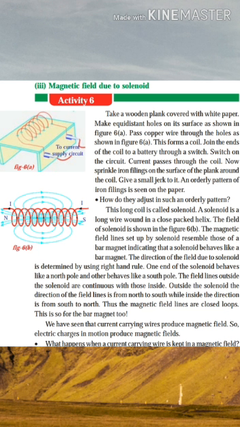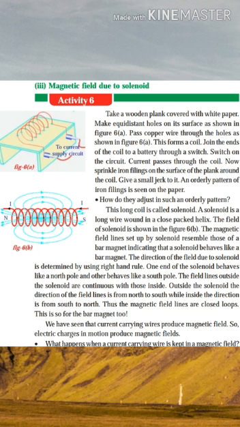The magnetic field lines set up by a solenoid resemble those of a bar magnet, indicating the solenoid behaves like a bar magnet. The direction of the field due to a solenoid is determined by using the right hand rule. One end of the solenoid behaves like a north pole and the other like a south pole.